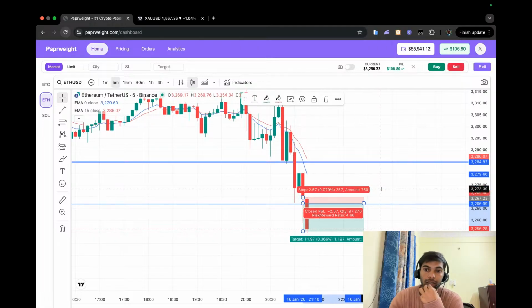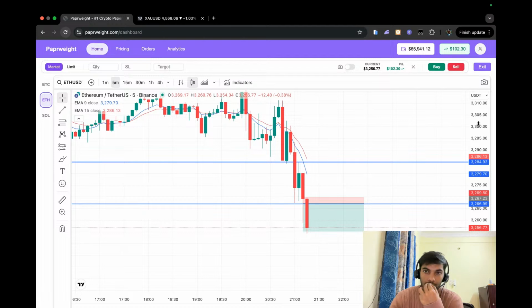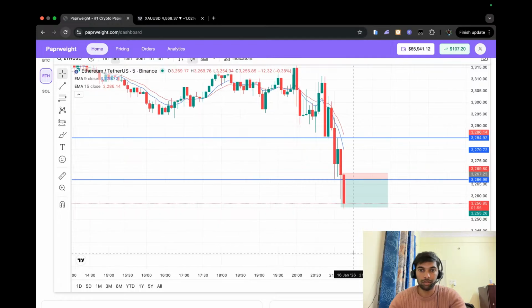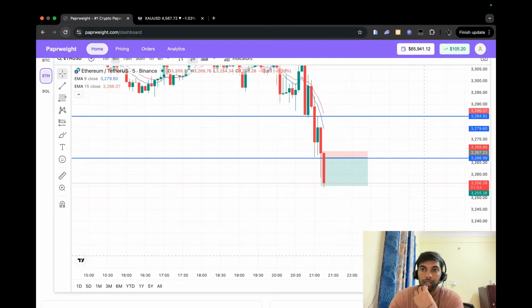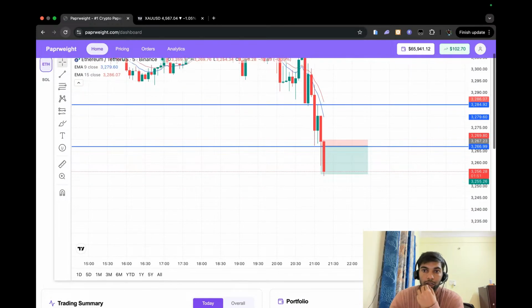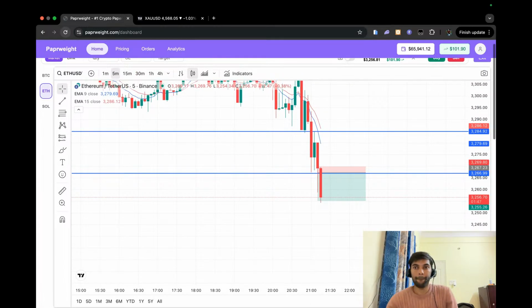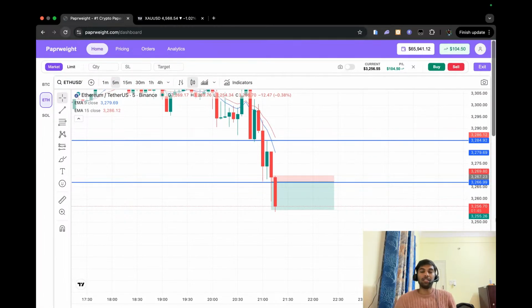My stop loss would be at the high of this candle, so it's basically a $20 stop loss. I'm interested in seeing how this will close, because literally there is nothing to stop it. So there is no risk in this trade as such.